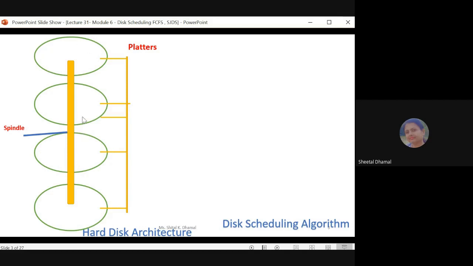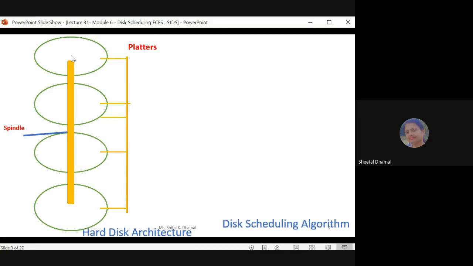Here we can observe that multiple platters are there, and each platter has an upper surface and a lower surface. If you have seen a CD, a compact disk, when data is saved on a compact disk, it is saved on the upper side as well as the lower side.